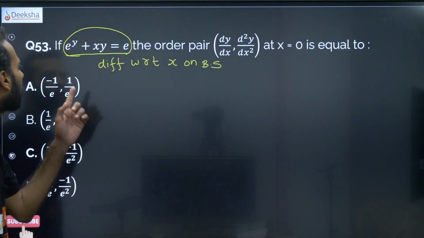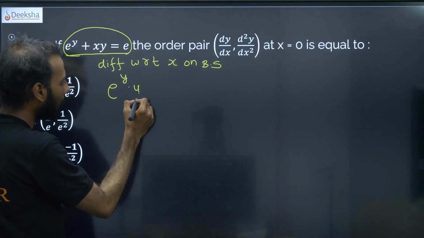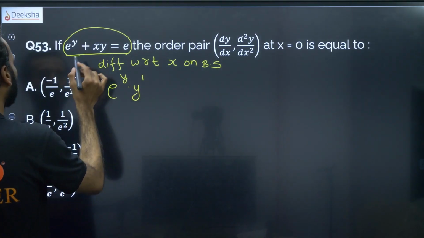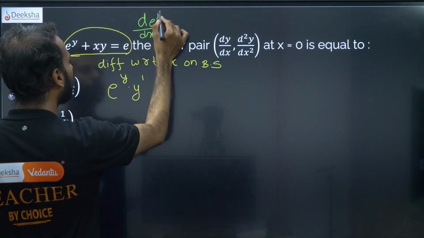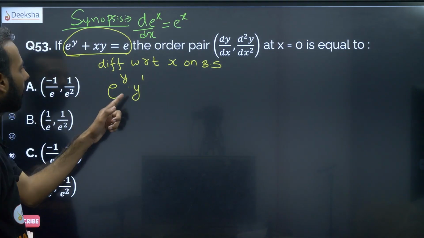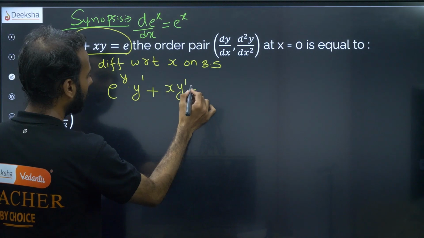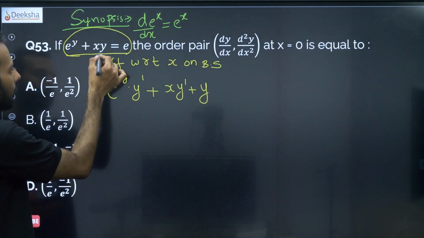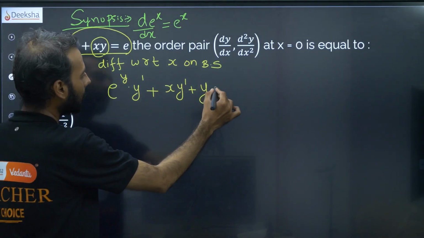This becomes e raised to y, y dash, plus x y dash plus y, since x differentiation is 1.